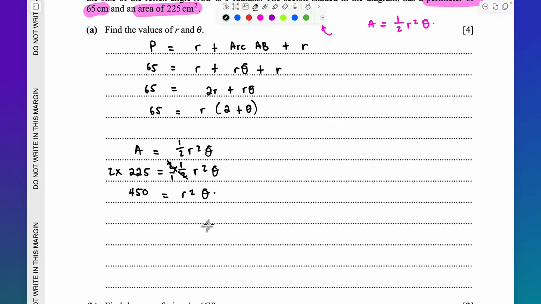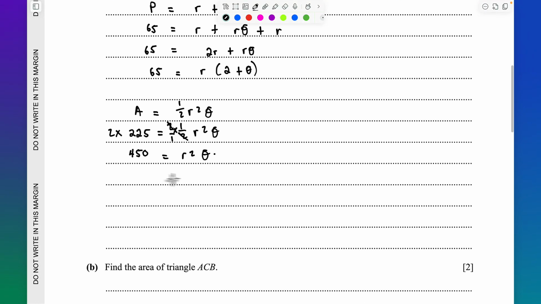Maybe we want to simplify this to the point where we say theta is equal to, or at least divide both sides by r squared. So r squared is going to divide over here, but that means our answer is theta equals 450 over r squared. I'm trying to see which is the most helpful format to work in. Any route you take at this point is going to be correct, because remember, we have two equations.